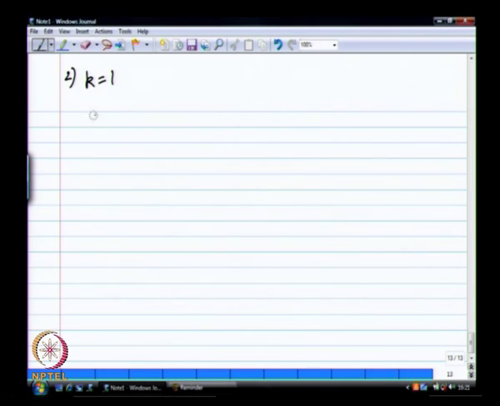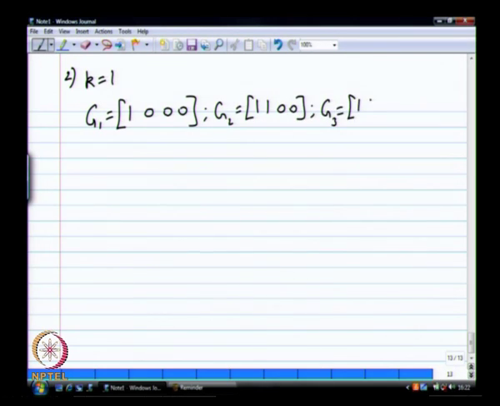Let us say G1 equals 1 0 0 0, G2 equals 1 1 0 0, G3 equals 1 1 1 0, and G4 equals 1 1 1 1. So those are the 4 non-trivial, non-equivalent possibilities for k equals 1.